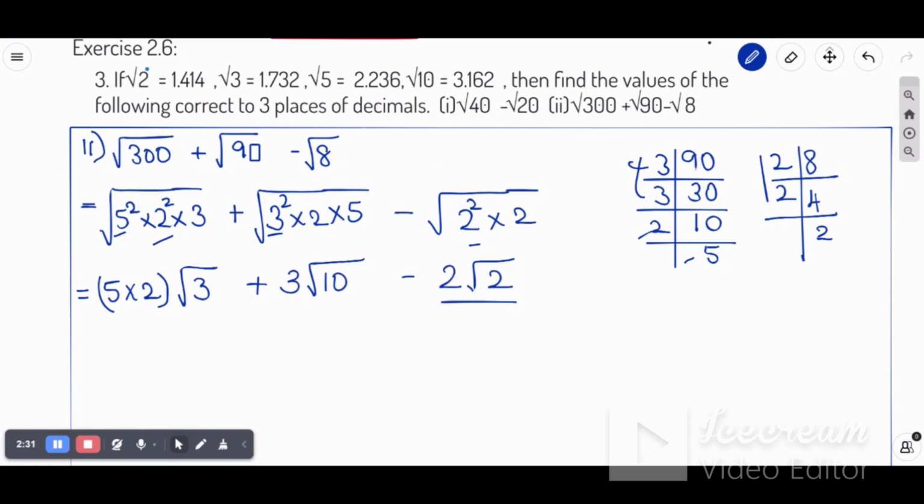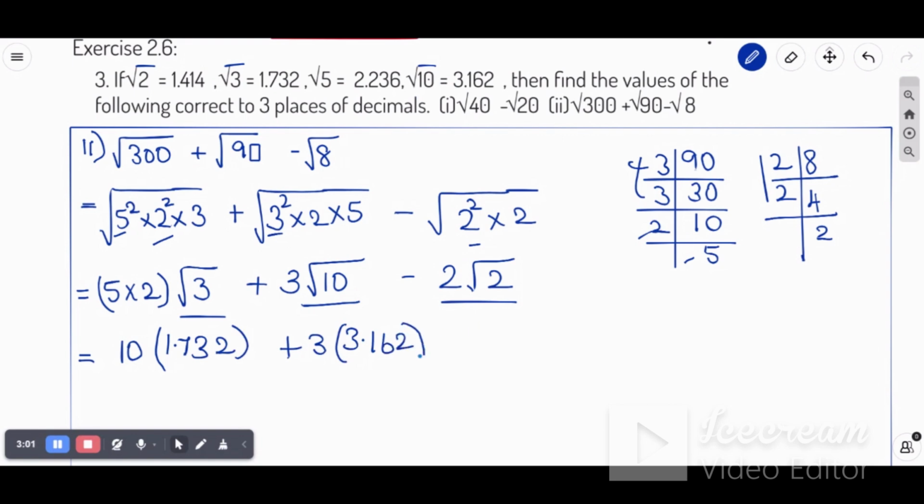Now if you could see, we have got the values of all. The square root of 2 is 1.414. Square root of 10 is 3.162. Square root of 3 is also 1.732. So now the next step will be 5 2s are 10. 10 into, what is the value of square root of 3? 1.732 plus 3 into, what is the value of square root of 10? 3.162.